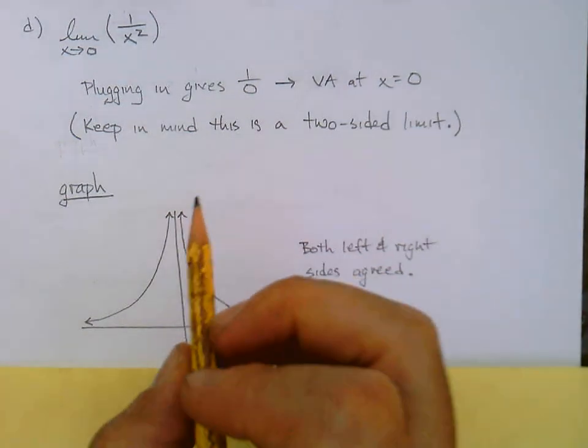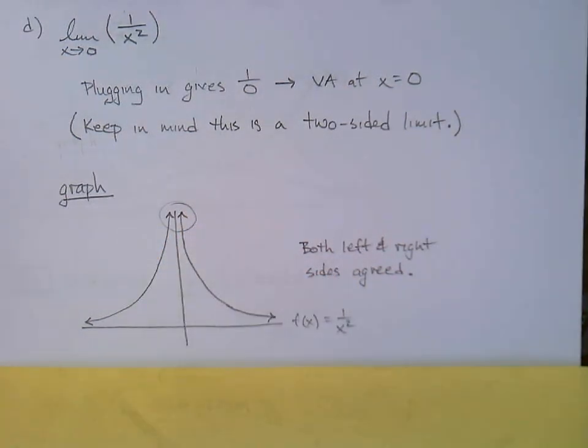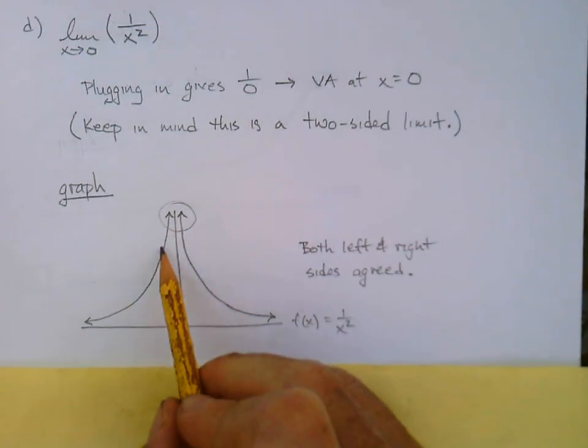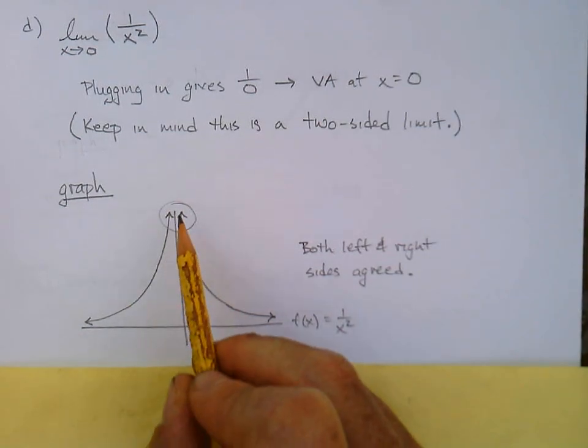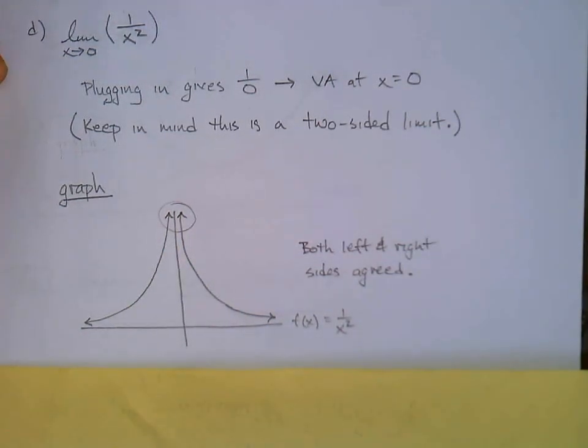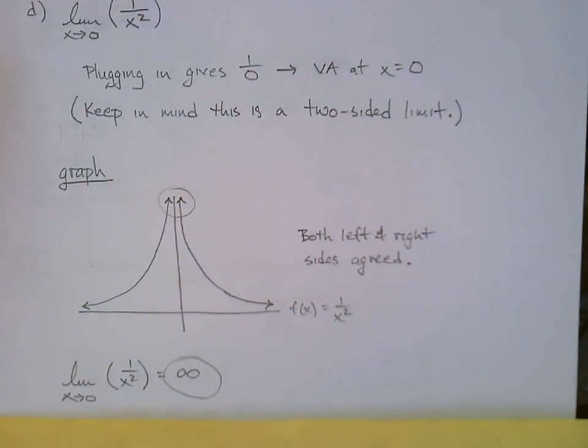Okay, well, if both of them go up to positive infinity, then couldn't you say that they agree? The left side and the right side agree to positive infinity? And yep, so we can say this limit does have an answer. It equals infinity. Okay, very nice.